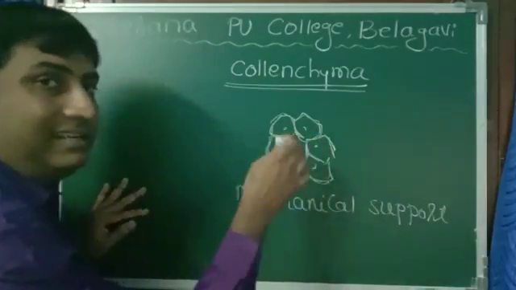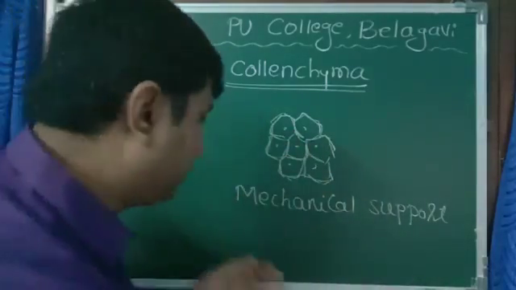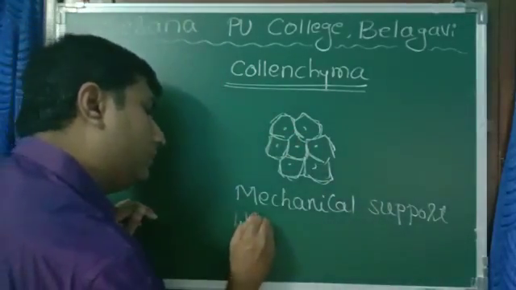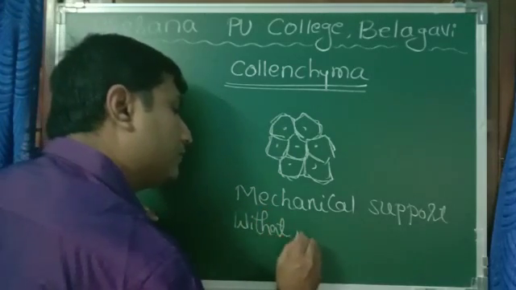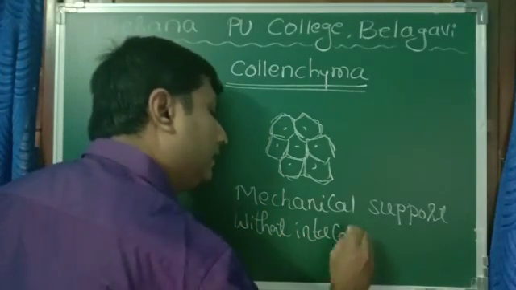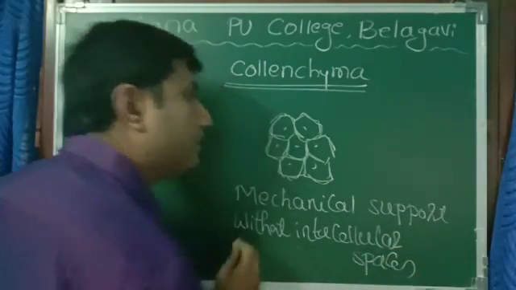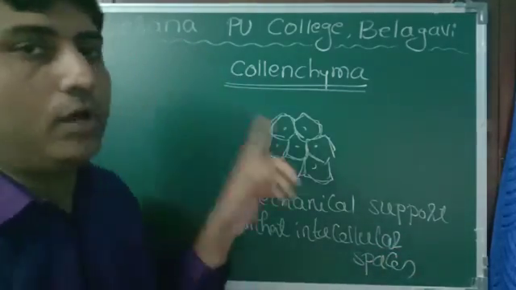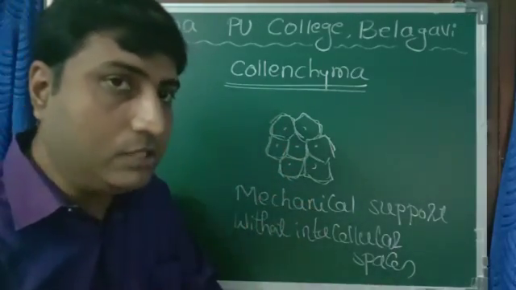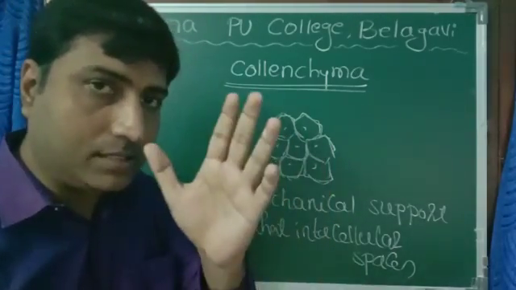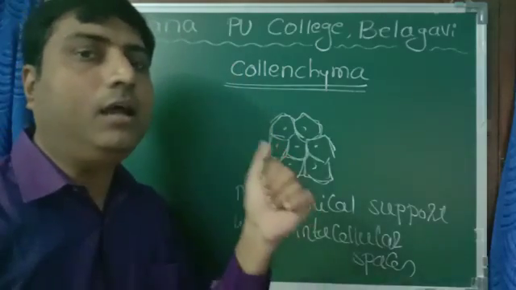Since the wall is thickened, they are closely arranged without intercellular spaces. So this is about collenchyma. One thing you should always remember, parenchyma always occurs along with the collenchyma.